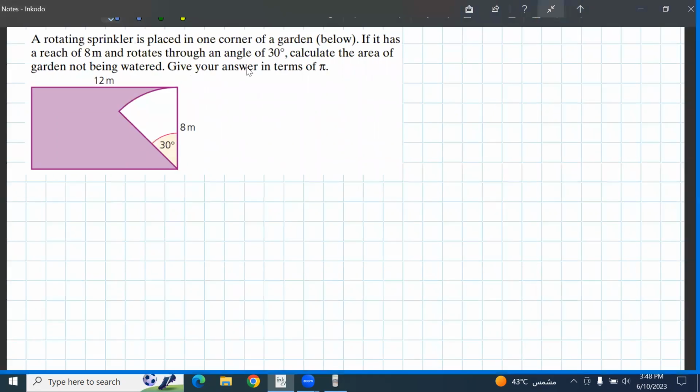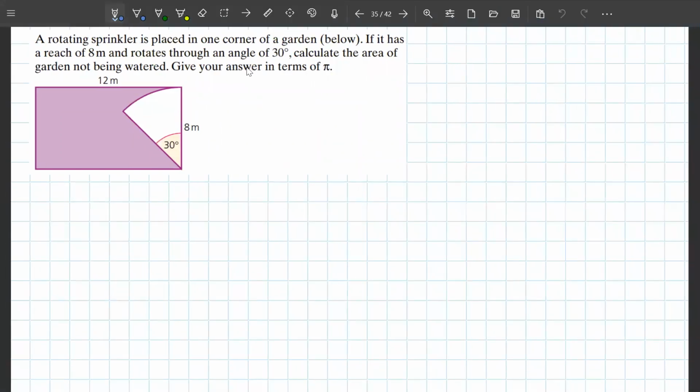In this question, a rotating sprinkler is placed in one corner of a garden below. If it has a reach of 8 meters and rotates through an angle of 30°, calculate the area of the garden not being watered. Give your answer in terms of pi.